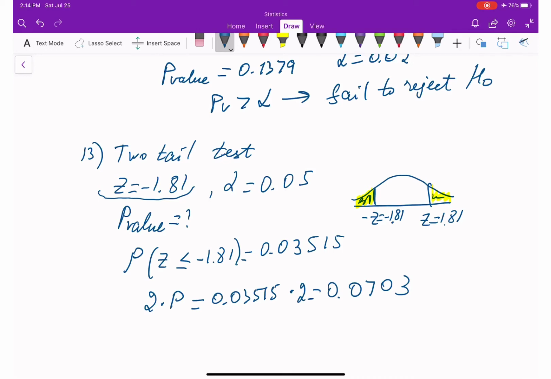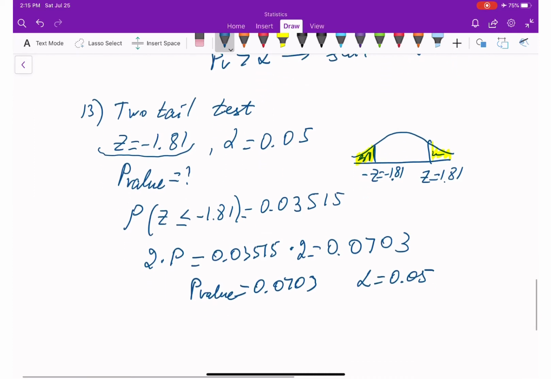Okay, now next we need to find out, are we going to fail to reject, or are we going to reject our null hypothesis. All right, so let's see, the p-value is 0.0703. Our alpha is 0.05.